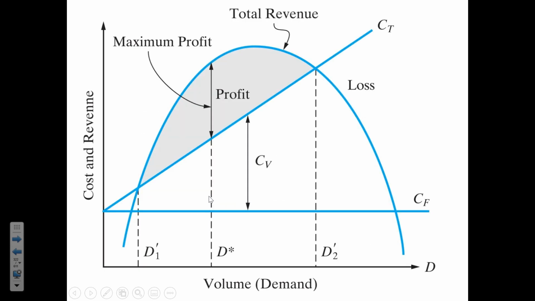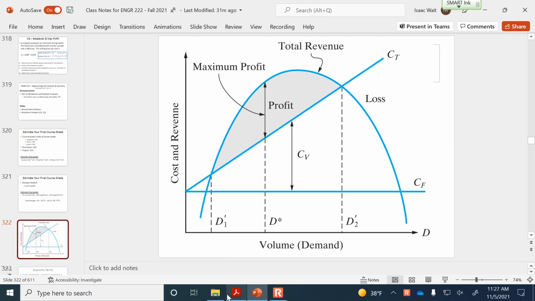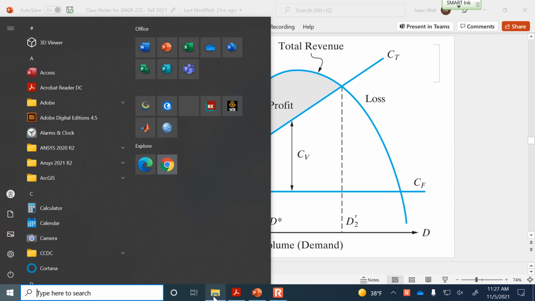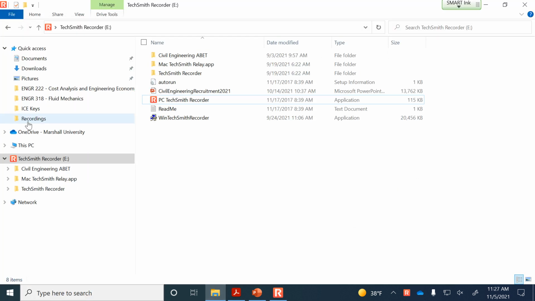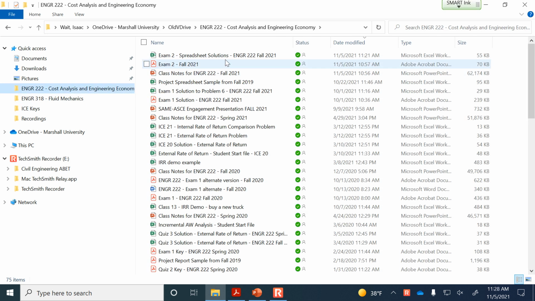All right, so this is where we left off last time. We had just calculated for the in-class exercise the range of profitable demand, the optimal demand, and what we hadn't quite finished was the graph.